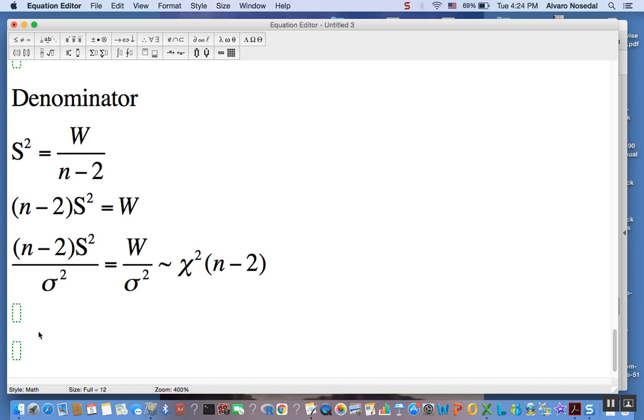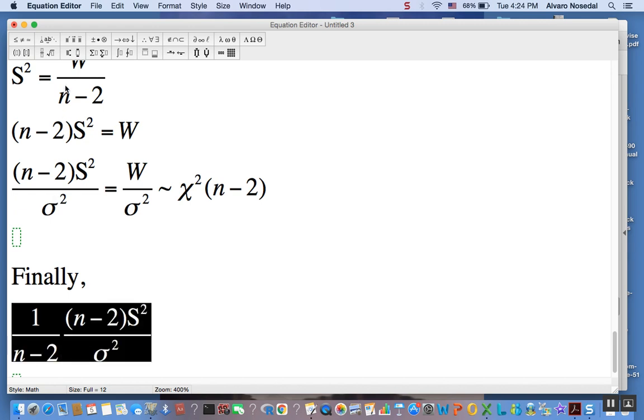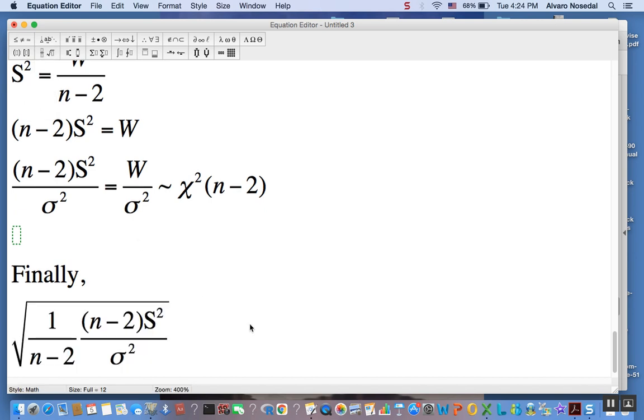Finally, our candidate for the denominator that is going to define our t distribution is this, but we need to divide it by its degrees of freedom, which is the same as multiplying by 1 over n minus 2, and what we need is the square root of the whole thing. That would be a good candidate for the denominator that defines t star.